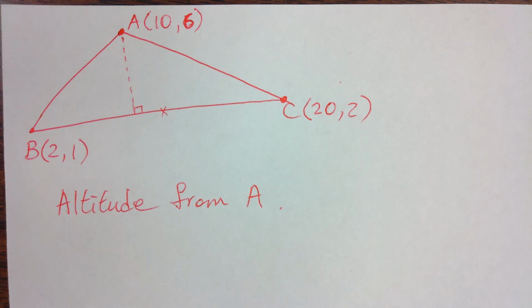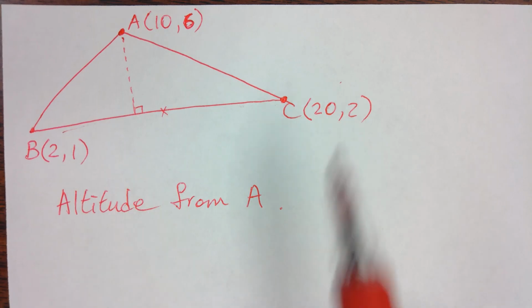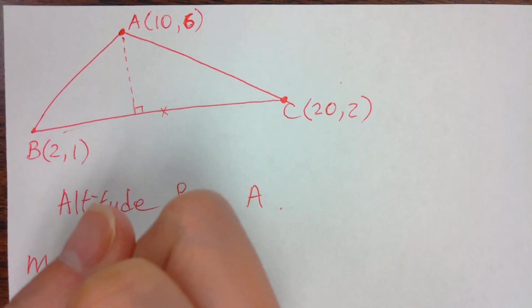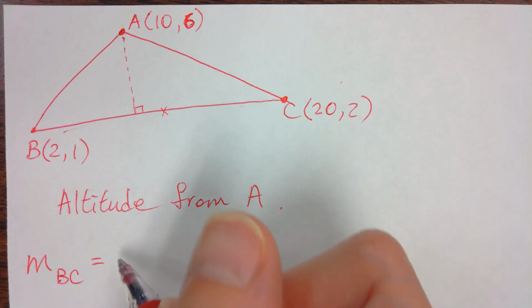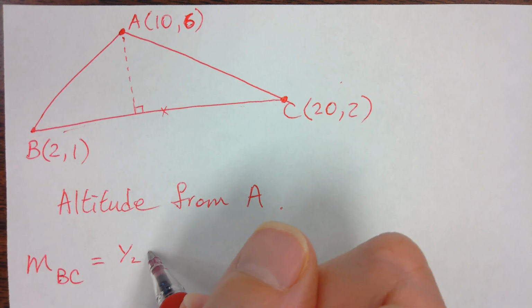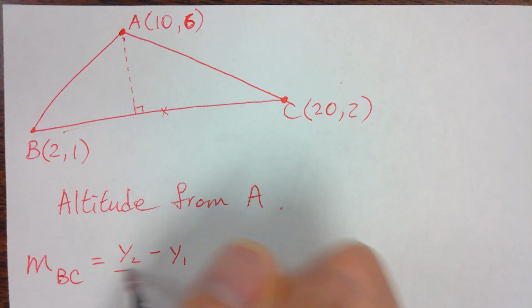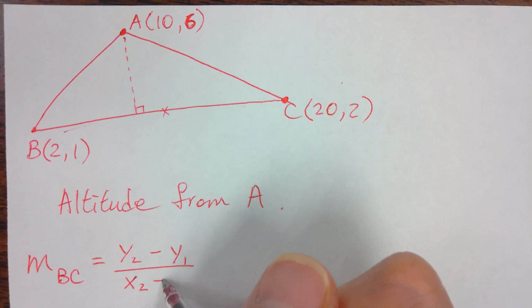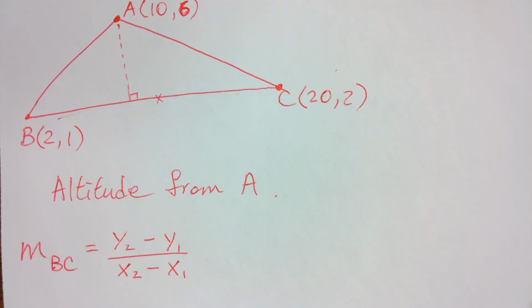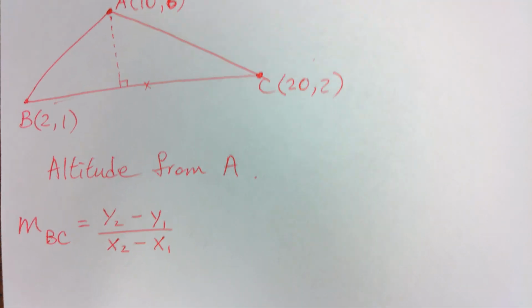Slope. There you go. So I want to find the slope of BC. Do you remember the formula for slope? y2 minus y1, over x2 minus x1. Good.